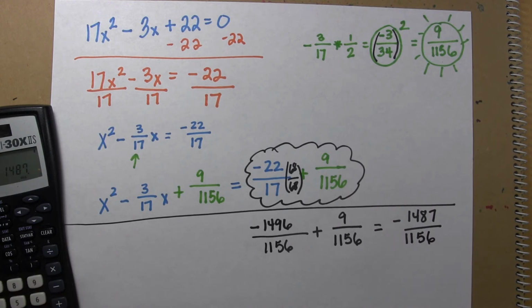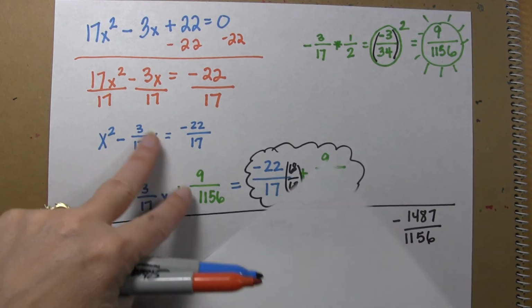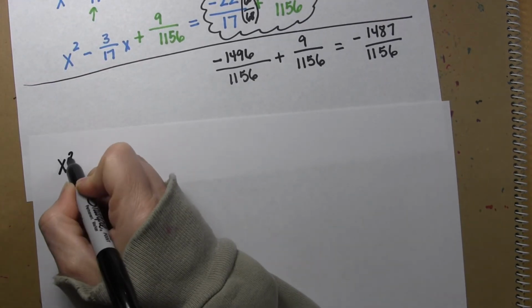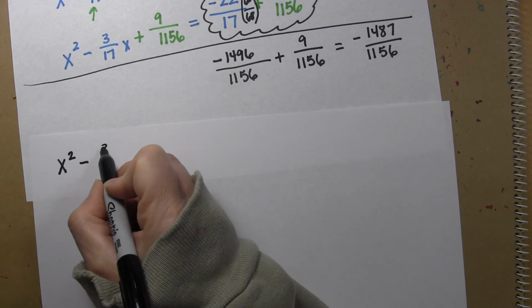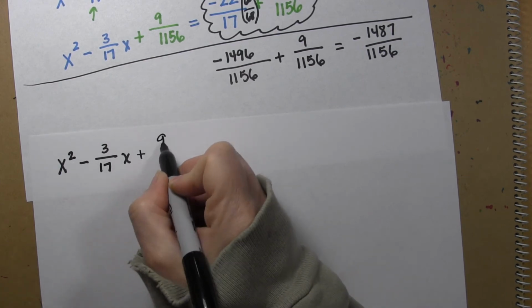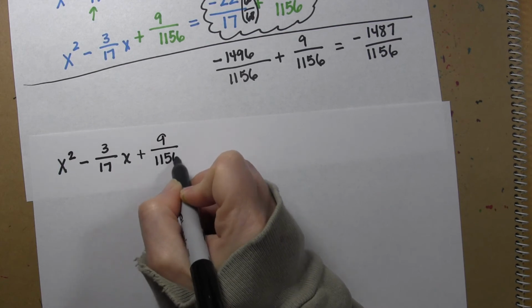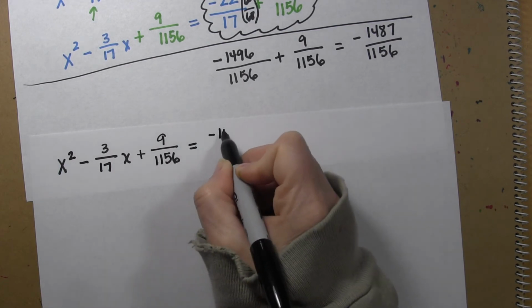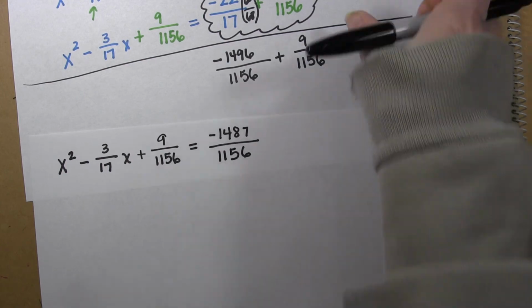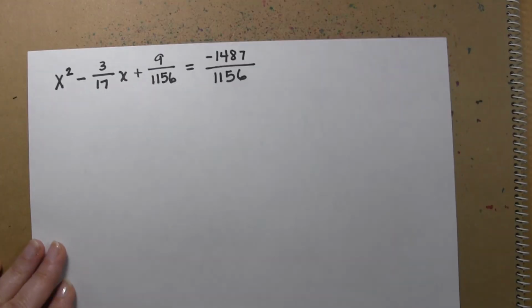All right, so our new and improved formula, I shall write this down for you neatly over here, is going to be x squared minus 3 over 17x plus 9 over 1156 equals negative 1487 over 1156. That's our new and improved formula.